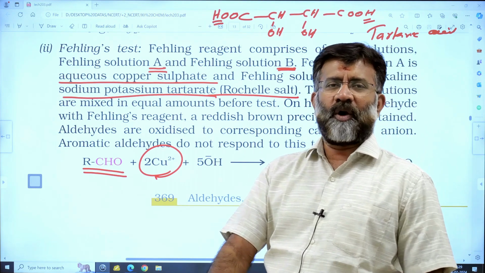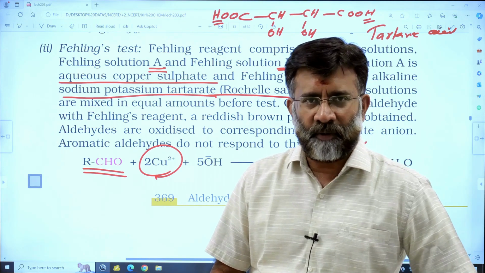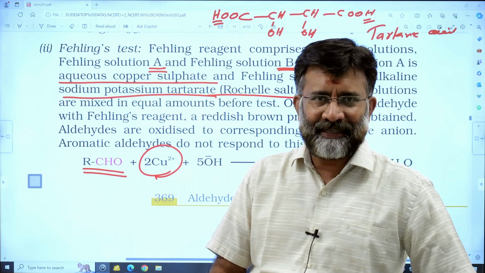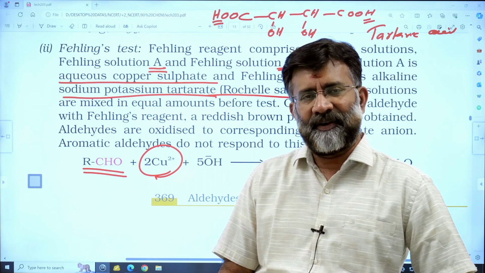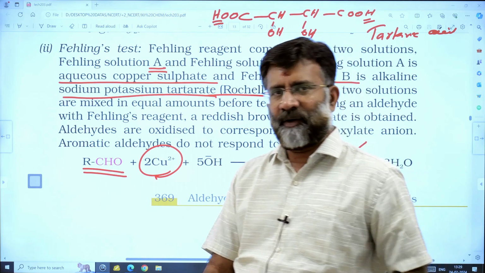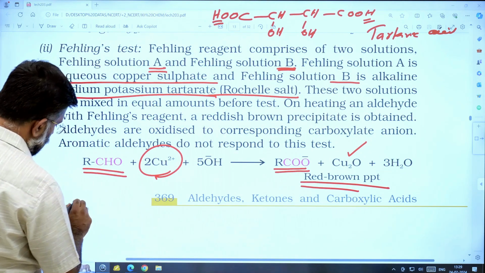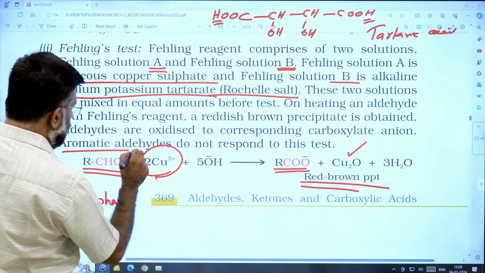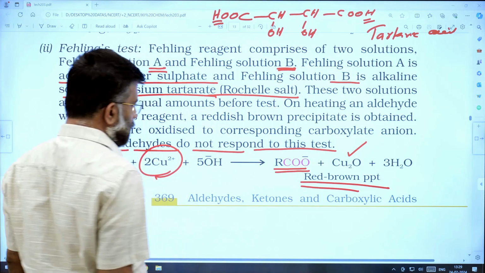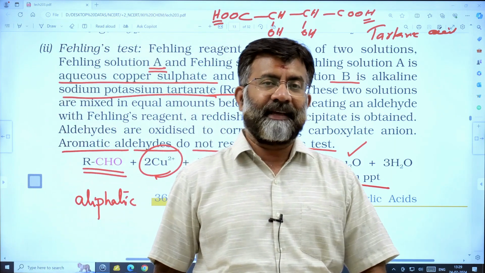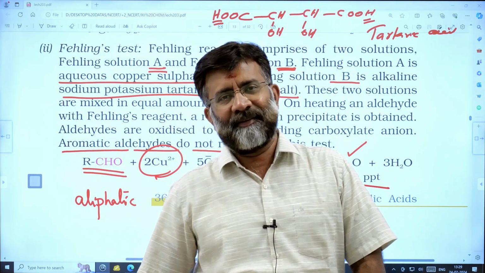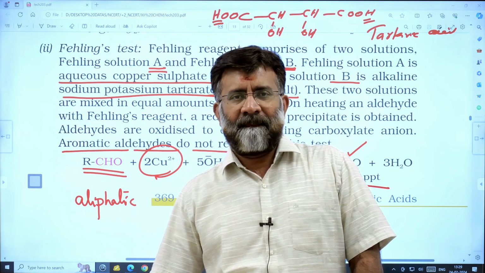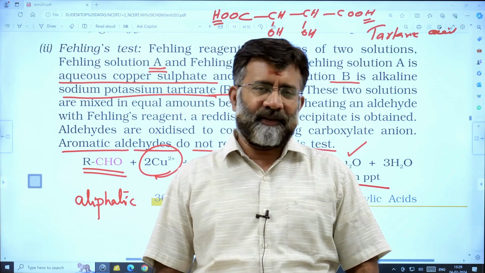Remember, Felling's test is answered not by all aldehydes, but only by aliphatic aldehydes, while aromatic aldehydes do not respond. Tollens test is answered by both aliphatic and aromatic aldehydes, while Felling's test is answered only by aliphatic aldehydes. It is slightly milder than the other one.